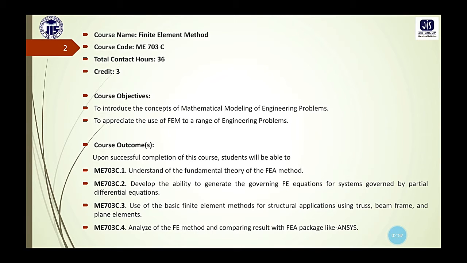That means we will learn some mathematical modeling, we will try to solve some partial differential equations by this finite element method to find some approximate solution, and we will see how to use this method in a range of engineering problems.